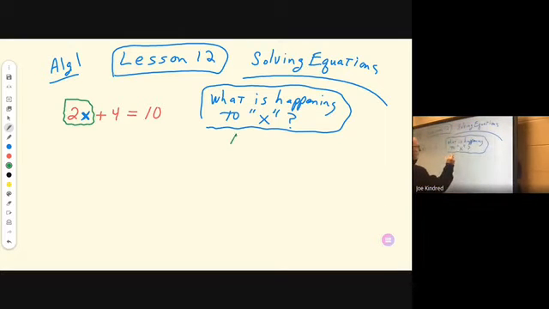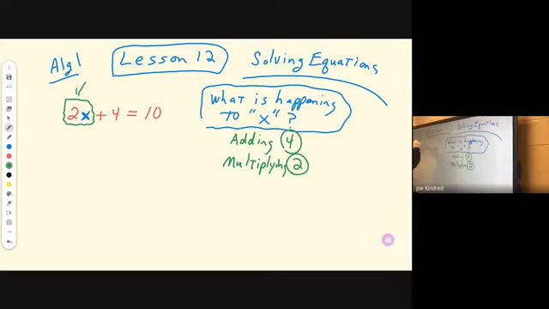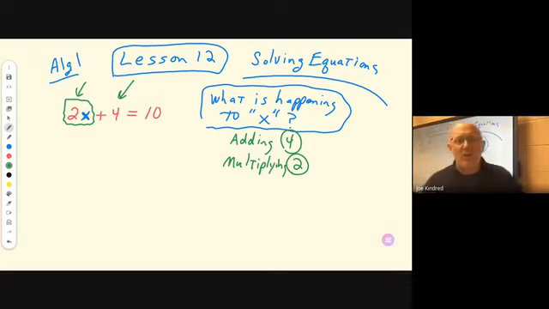It looks like I'm adding 4 and then I'm also multiplying 2. Multiplying here and adding here. And as I go to solve, no matter how complicated the equation is, I always want to say from beginning to end, what's happening to x?